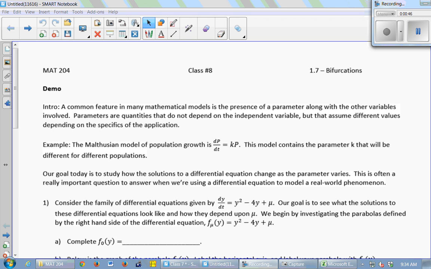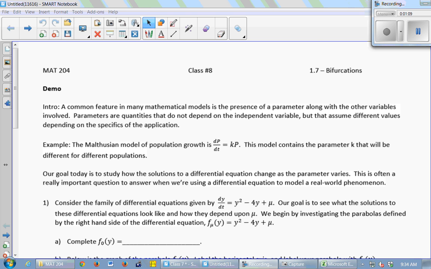A common feature in many mathematical models of the real world is the presence of a parameter along with the variables involved. Parameters are quantities that don't depend on time, the independent variable, but they assume different values depending on the specifics of the application.